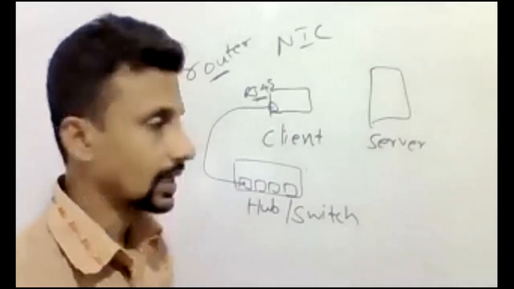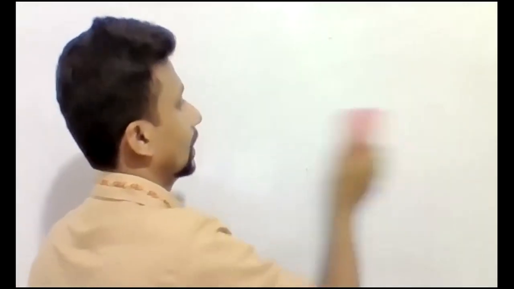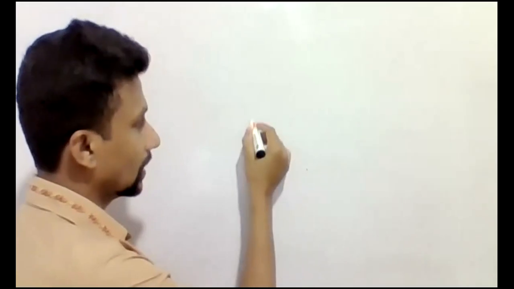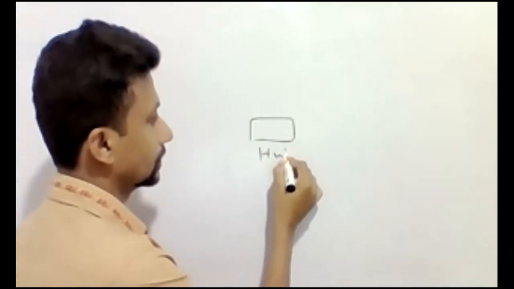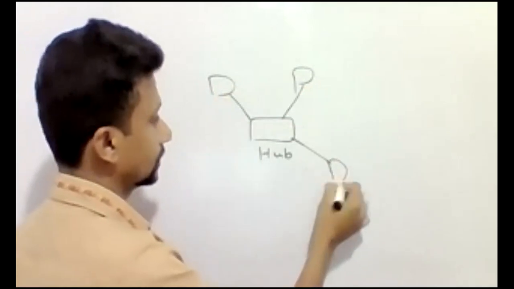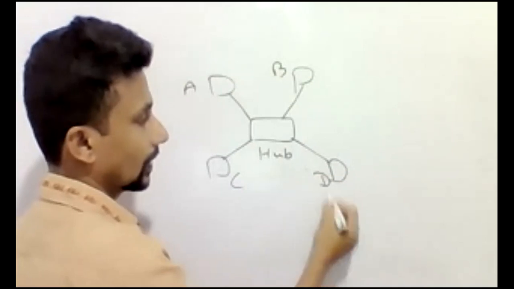And if I tell the differences between hub and switches, now suppose your computers are connected to a hub, like this. 4 computers are there. I put A, B, C, D, right?